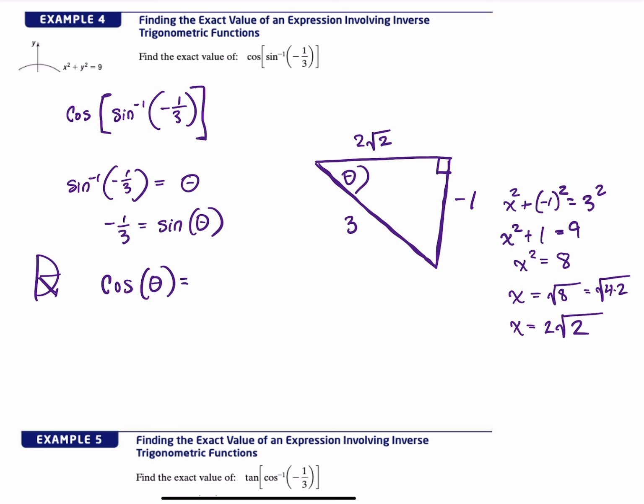Cosine is adjacent over hypotenuse, so the adjacent side length is 2 root 2 over the hypotenuse of 3. So let's just re-express this in terms of the original problem. The cosine of the inverse sine of -1/3 will equal 2 root 2 over 3.